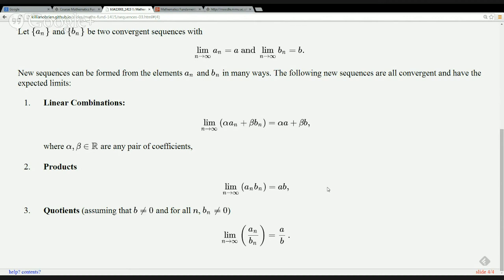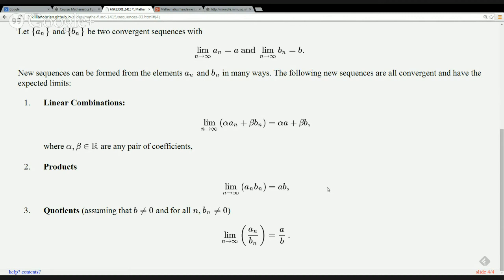So if given any two convergent sequences, you can just rephrase it: subtract a suitable constant, subtract the limit, and you've got a sequence converging to 0.